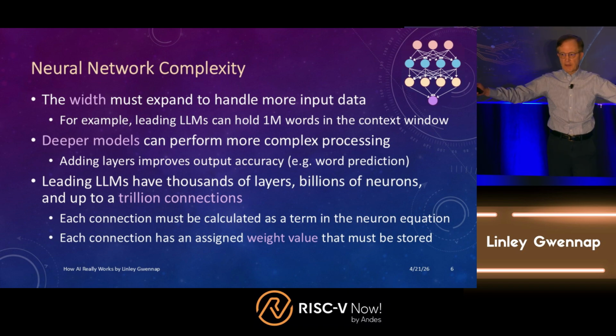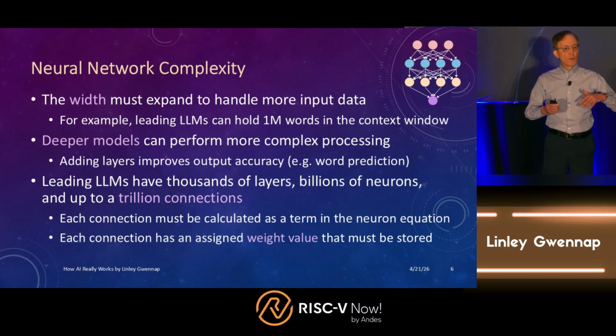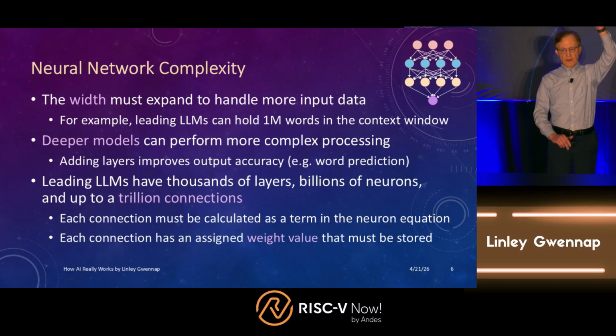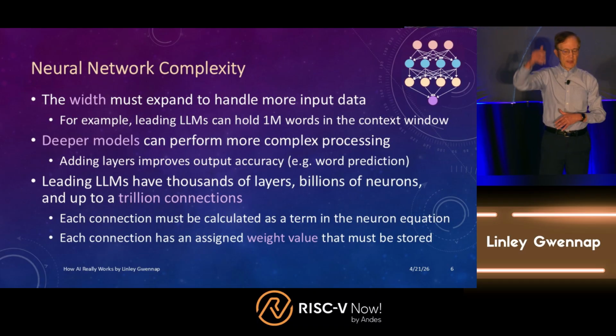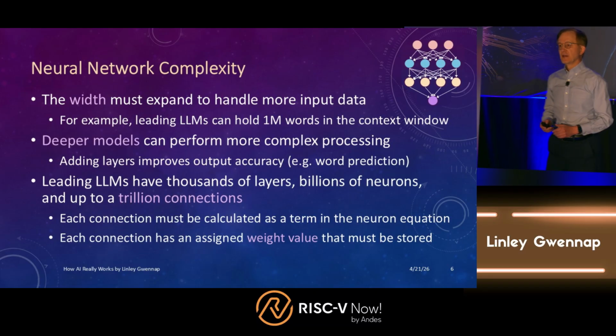So again, with images, you can get very wide networks. And then if you want to perform more calculations in the middle of the network in order to produce your output, then you need more layers going deeper. So now you have a wider network, and then you have a deeper network. You can kind of say, well, the deeper the network, the smarter it is.